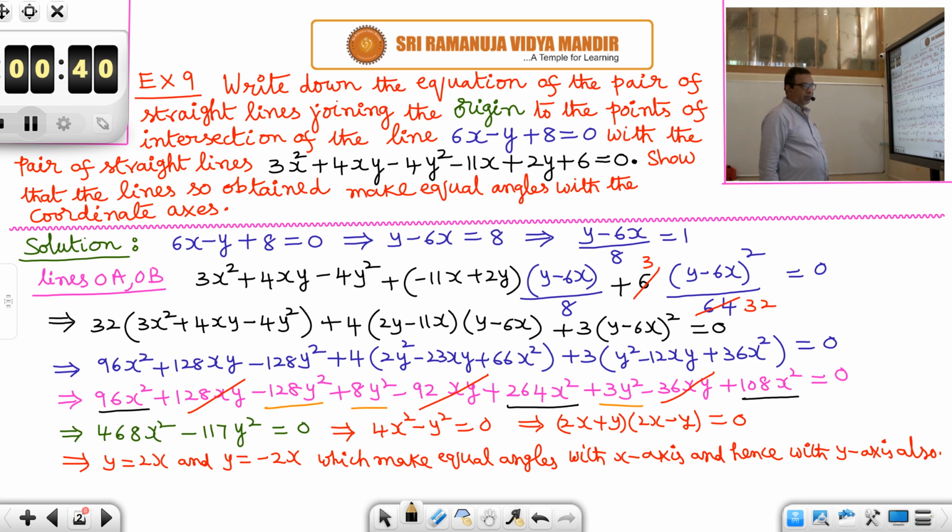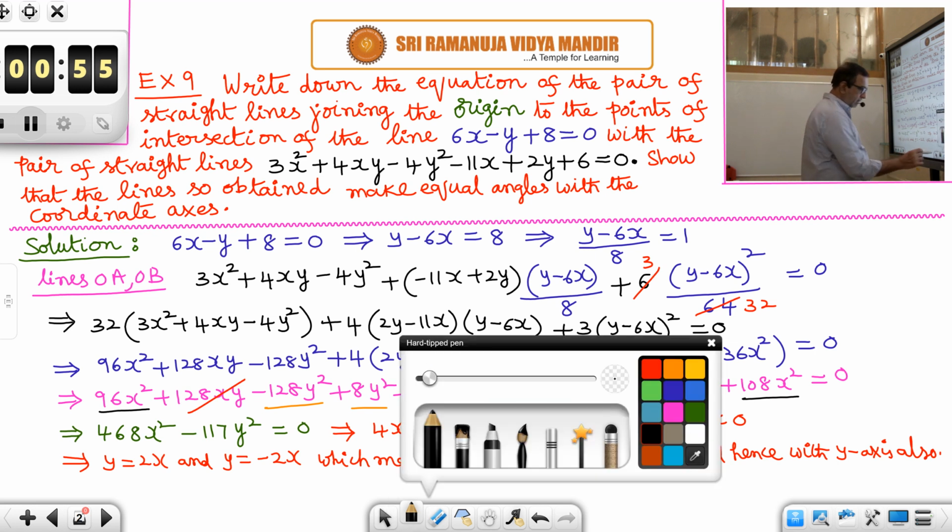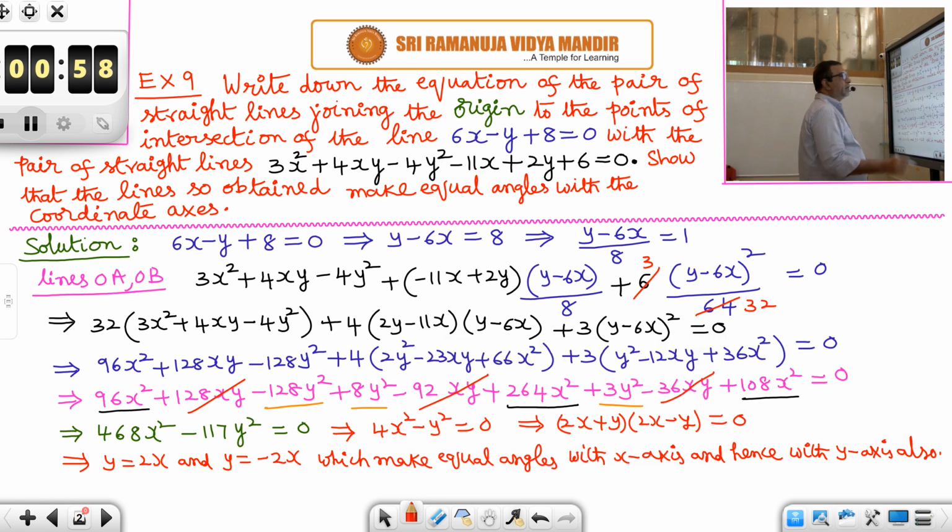Now example number 9. Write down the equation of the pair of straight lines joining the origin to the points of intersection of the line 6x minus y plus 8 equal to 0 with the pair of straight lines 3x square plus 4xy minus 4y square minus 11x plus 2y plus 6 equal to 0.